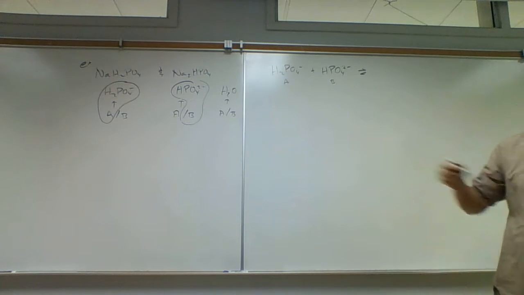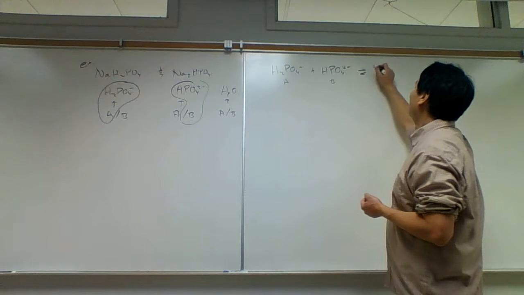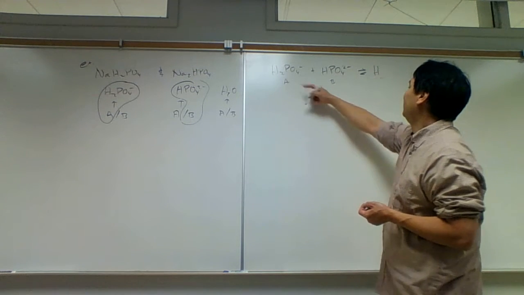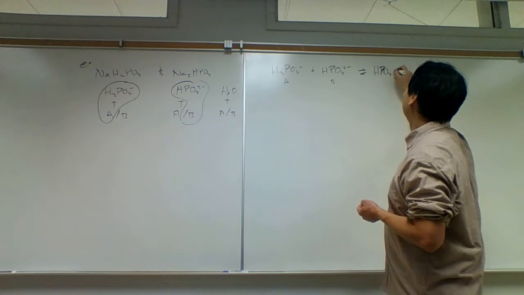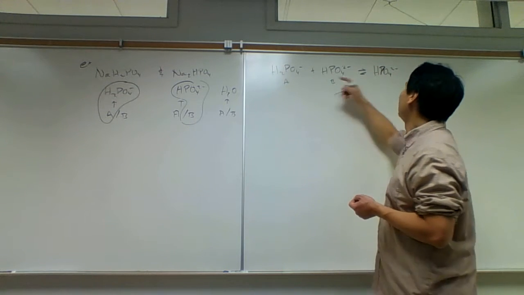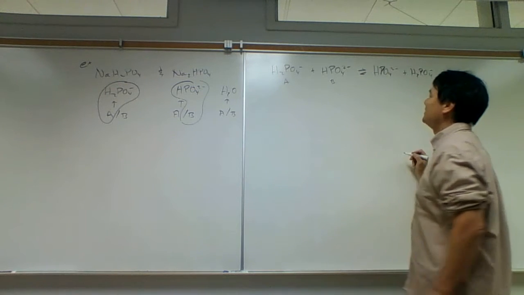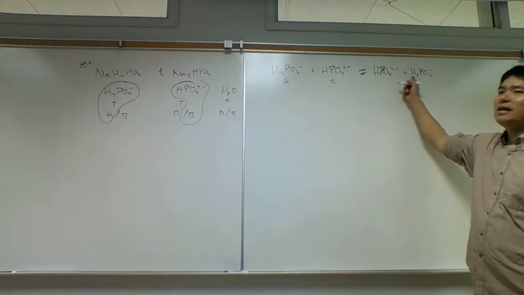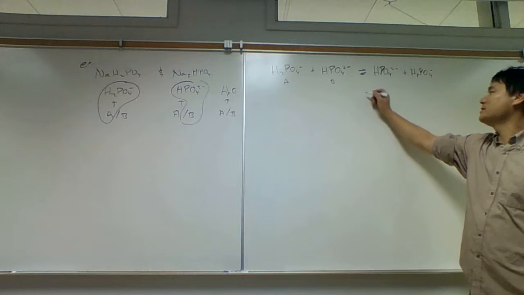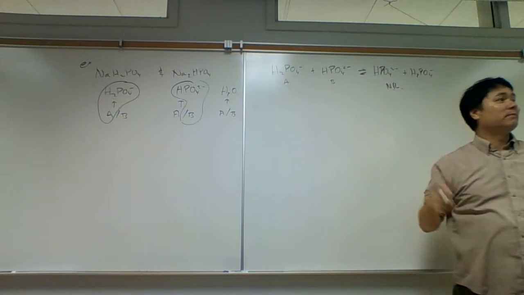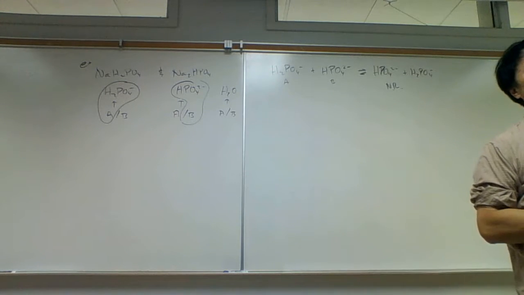In this case we're going to have monohydrogen phosphate. This loses a proton, this gains a proton, and dihydrogen phosphate. And then we say, oh, wait a minute, that's the same as this, right? If it's the same as that, then we're done. Are we done? This is no reaction.